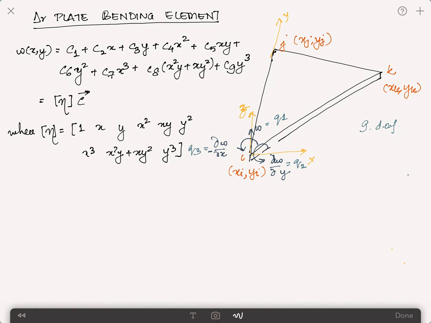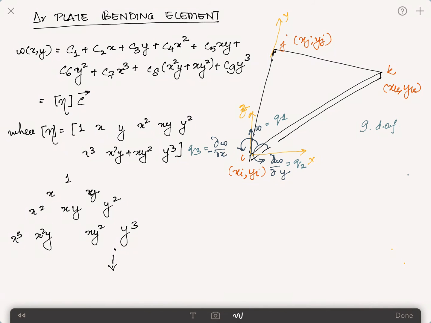If you are thinking about where this comes from, it's basically Pascal's triangle: 1, x, y, x², xy, y², x³, x²y, xy², y³, and so on. And you can keep building this up if you want to go higher order. We can write it easily like this because then it's easier later on for me to express it in a simple way for larger equations.